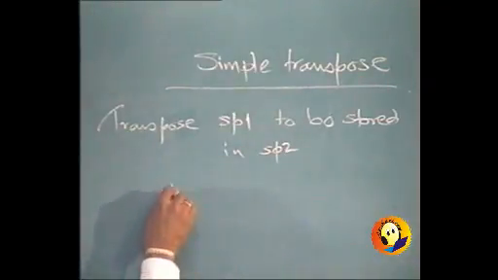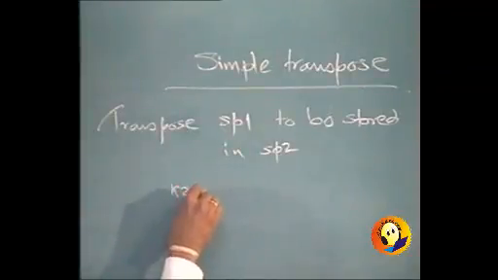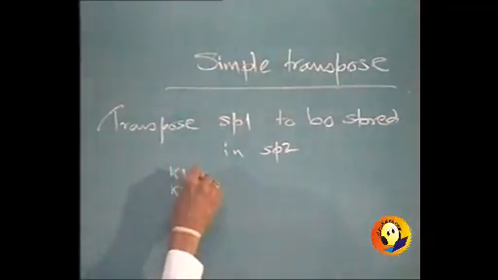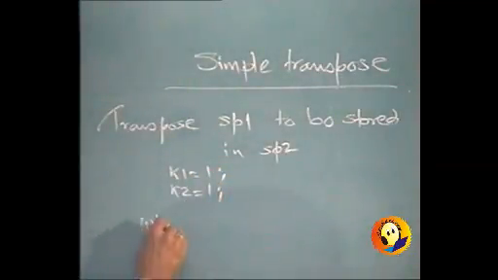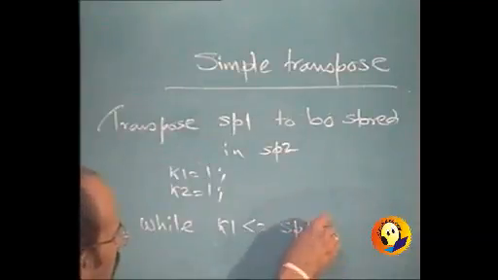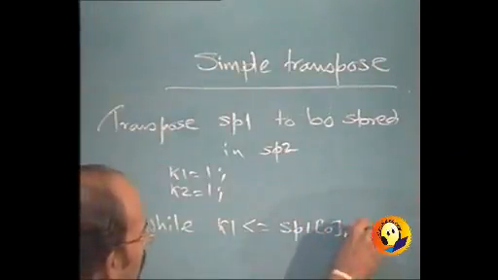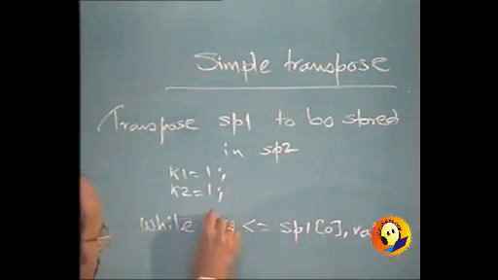I will initialize K2 to 1, of course K1 also to 1, and I will say while K1 is less than or equal to SP1[0].val. Let us think.